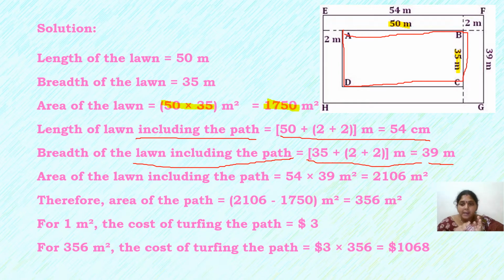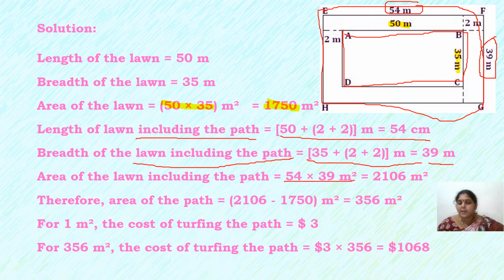Now we have to find the total area including the path. The total was already given in the picture, that is 54 and 39. We multiply those two to find the area of the lawn including the path. When we multiply 54 into 39, our answer is 2106 meters square.